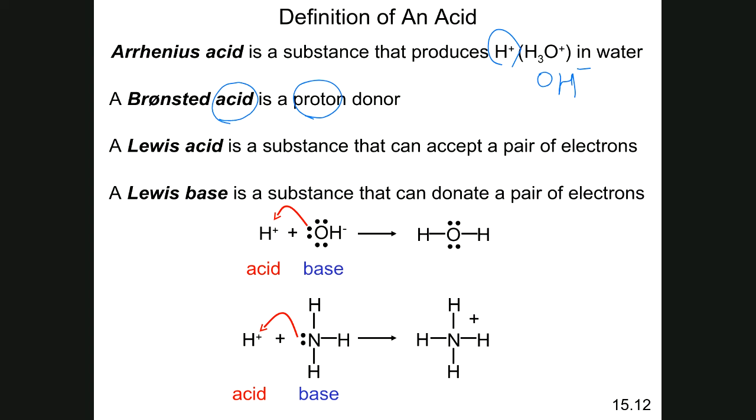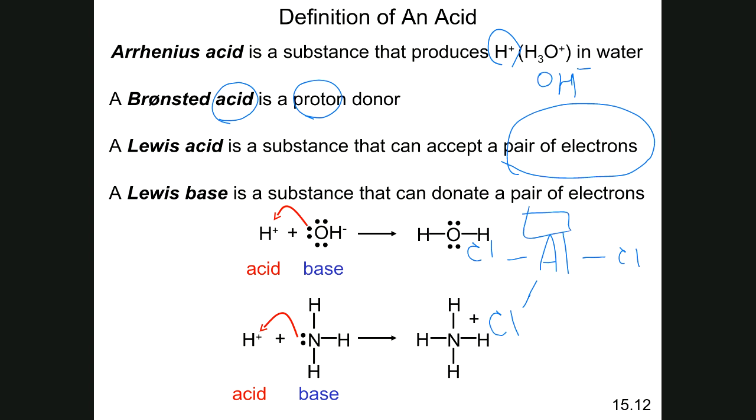A Lewis acid accepts a pair of electrons, like aluminum that I mentioned, which is deficient in electrons. Because it's deficient in electrons, it has an empty orbital.